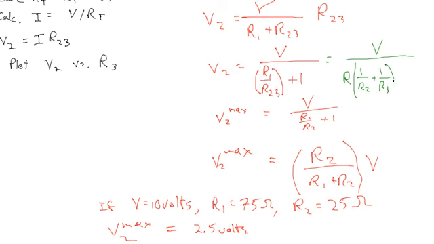So I've written it as R1 times the reciprocal of R23, and then plus 1. So that's the function that I'm graphing. V2 as a function of R3 with V, R2, and R1 all constants.